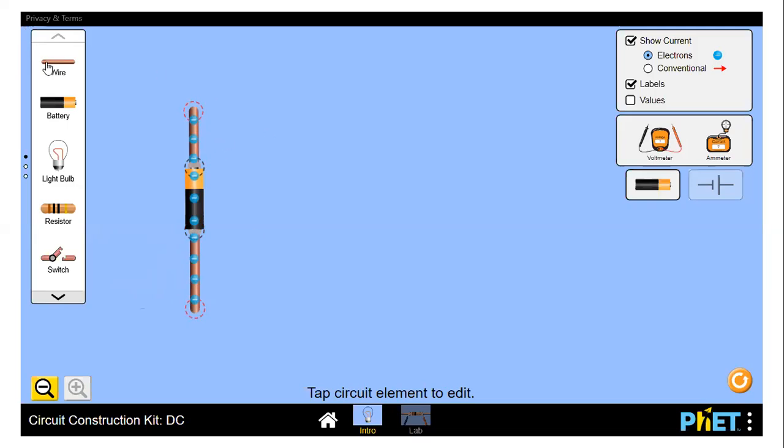Then I'll have a switch over here. The resistance, or we can go for a bulb. Let us go for a bulb.